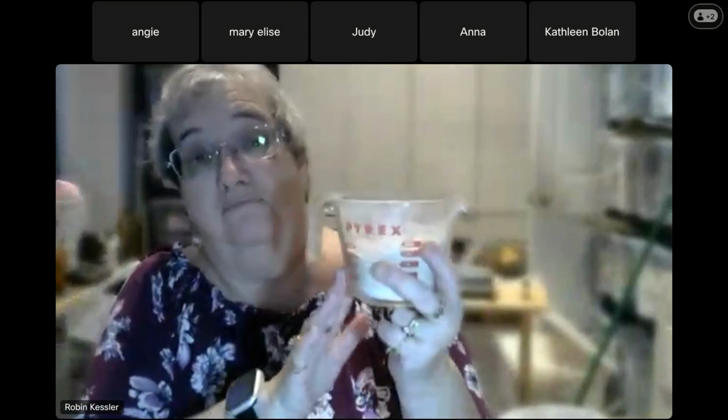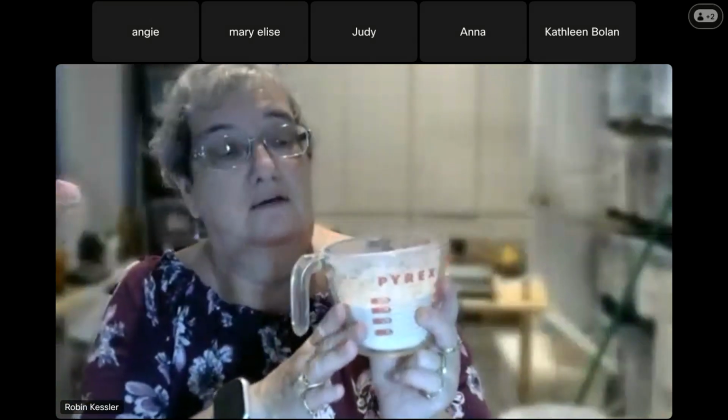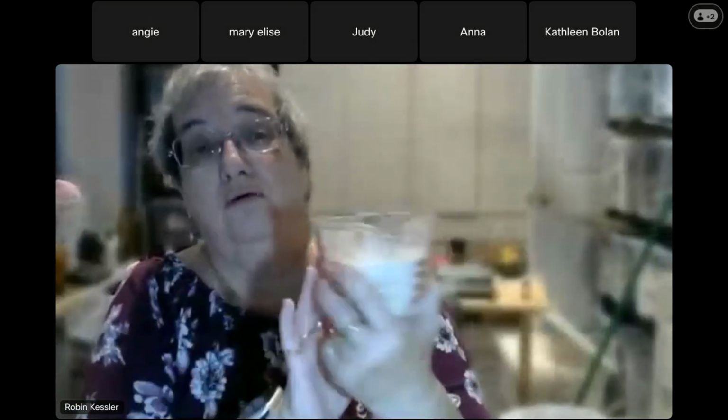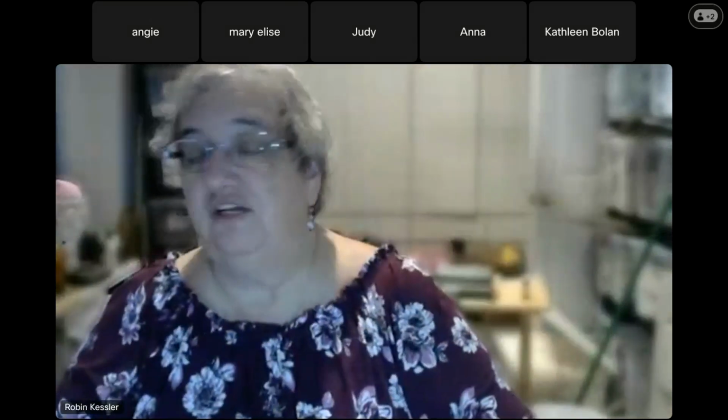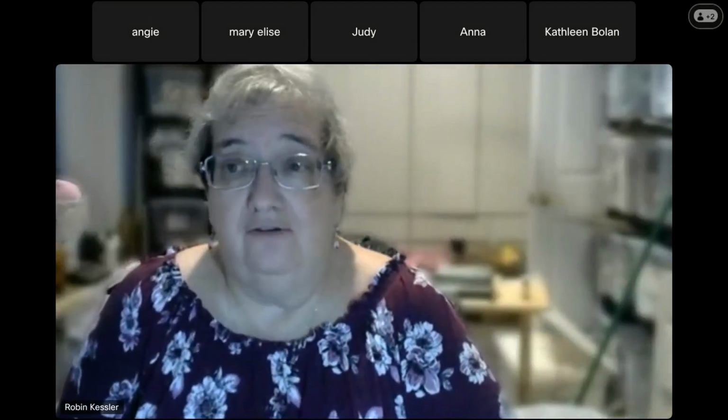I segregated my own, so it stays clean. But if you notice, it's all powdered on the side, and that's what you're going to get when you put it in glass. It doesn't stick to the sides.